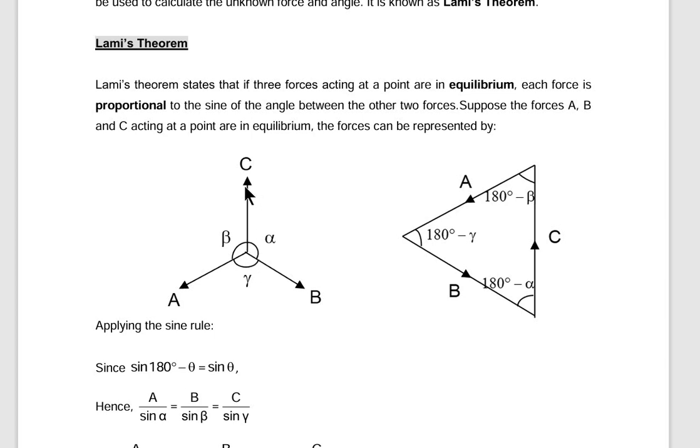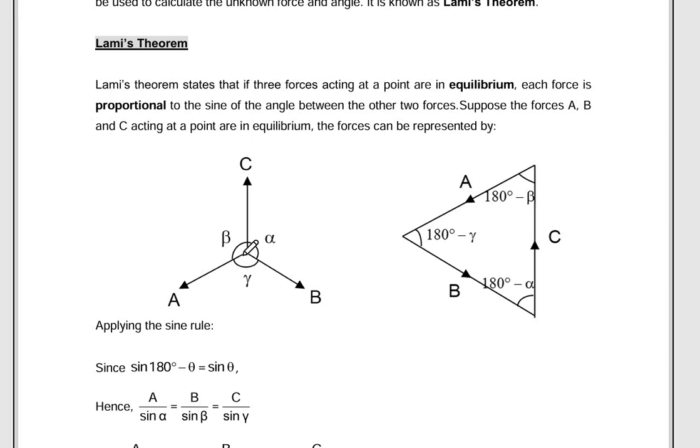So let's say this is the particle, and the three forces are acting on the particle. This is force number 1, force number 2, and this is force number 3.